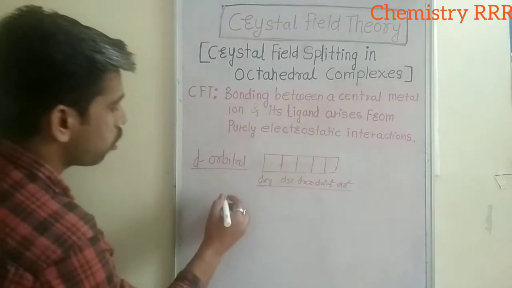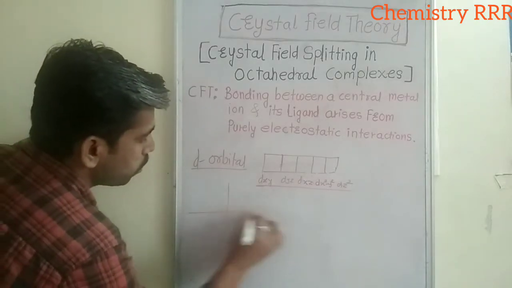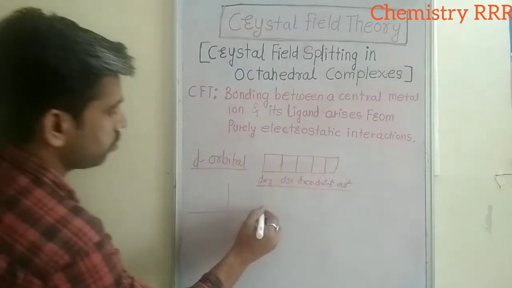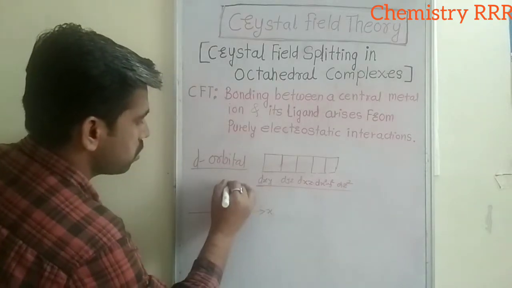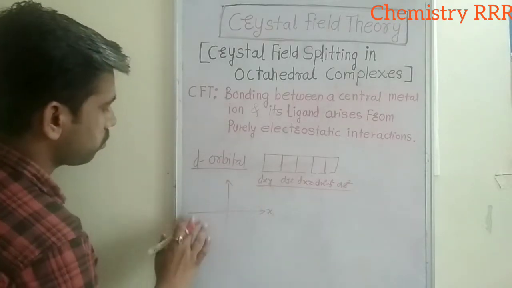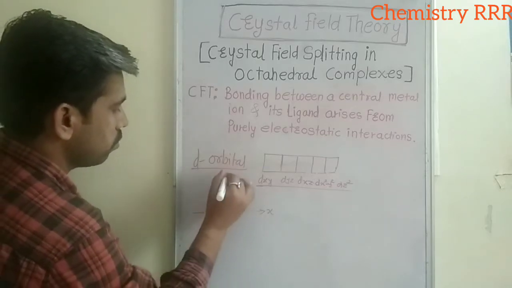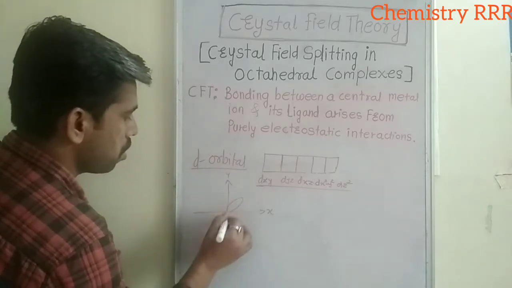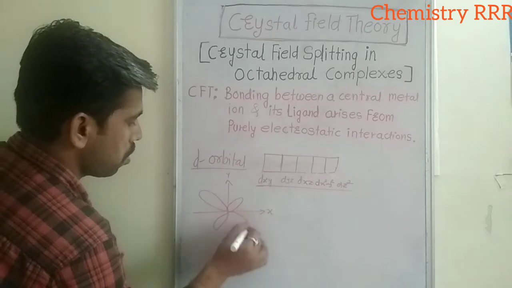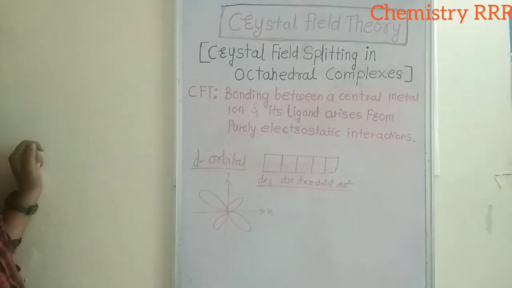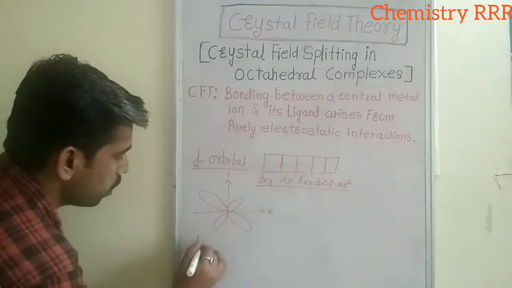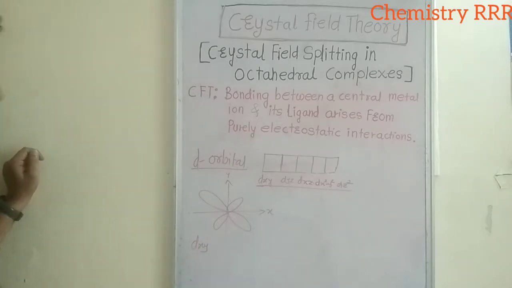Now let's draw the shape of 5 d orbital. Here is x axis, y axis. This is the dxy orbital, shape of dxy orbital.